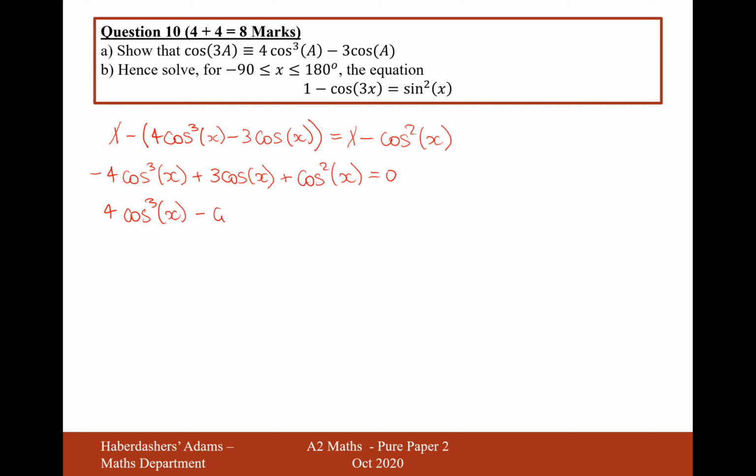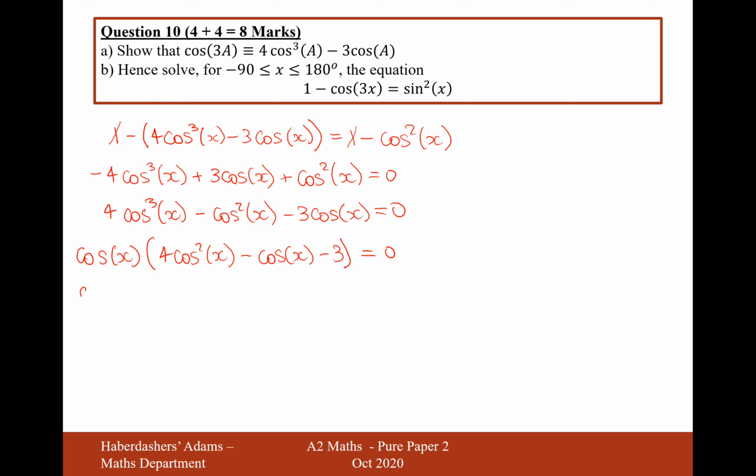So it's going to be minus cos squared and minus 3 cos x. You could think of this also as, from line 2 to line 3, moving everything back onto the right hand side if you wish. The first thing I need to do here is factorise out cos of x. That's going to give me 4 cos squared x minus cos x minus 3 equals 0.